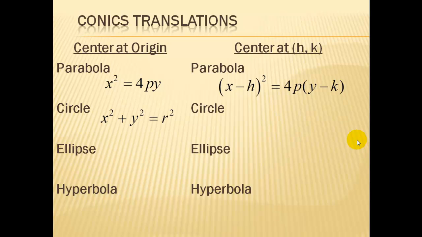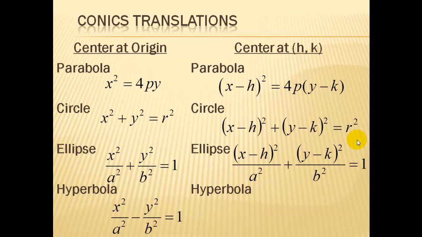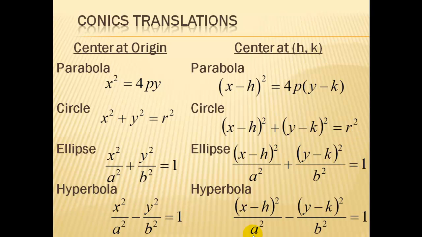As we go through the other shapes, the pattern will be exactly the same in all cases. So you might want to be writing down these standard forms of our translated conics, and you may want to add for the parabola, ellipse, and hyperbola the vertical versions of those.